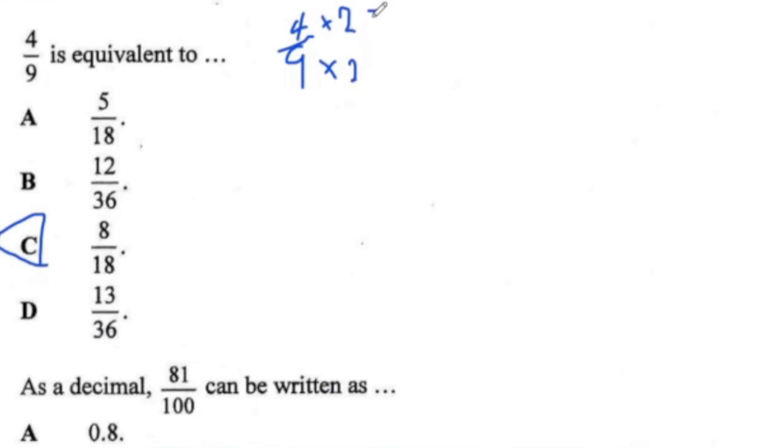Here we're going to get something like this: 4 times 2 will give us 8 over, and then 9 times 2 will give us 18. So now 8 over 18 is equivalent to 4 over 9. Okay, and I don't know if you have got questions, but basically that's what you do.